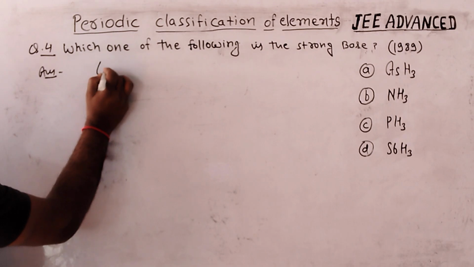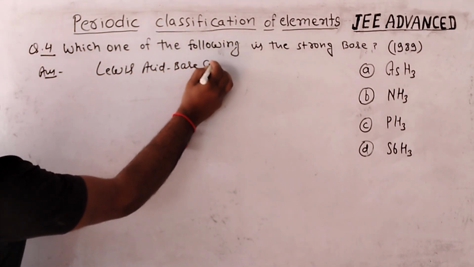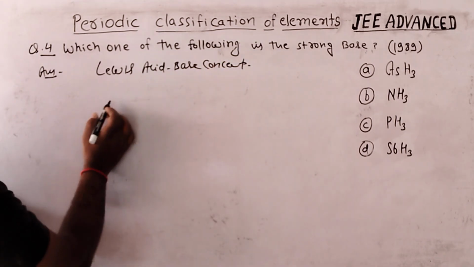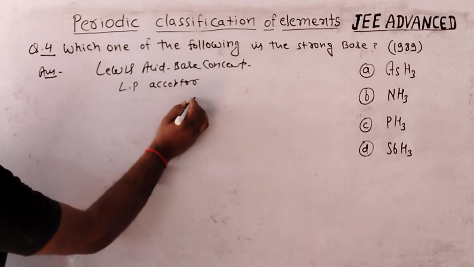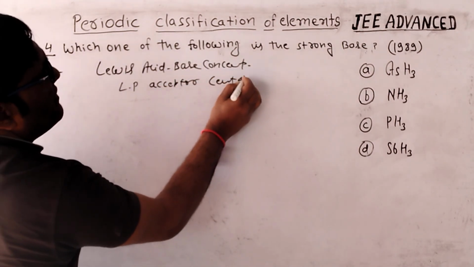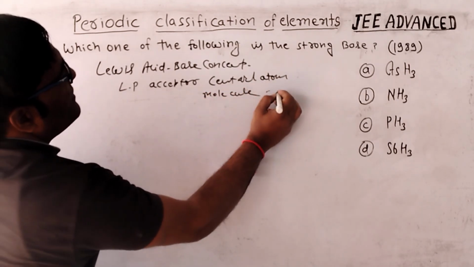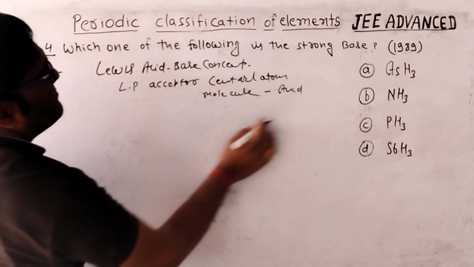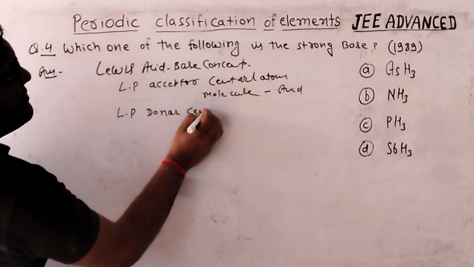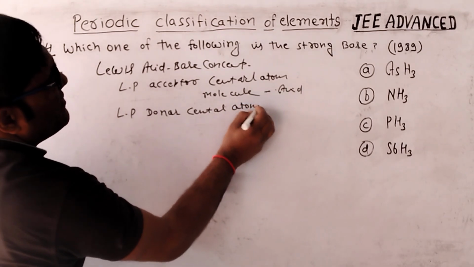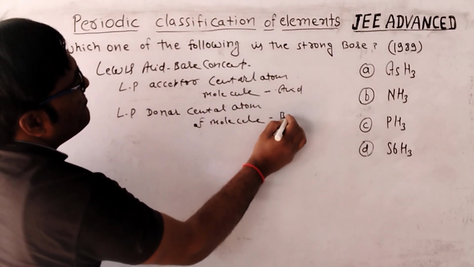According to the Lewis acid base concept, the lone pair acceptor central atom of a molecule is an acid, and the lone pair donor central atom of a molecule is a base.